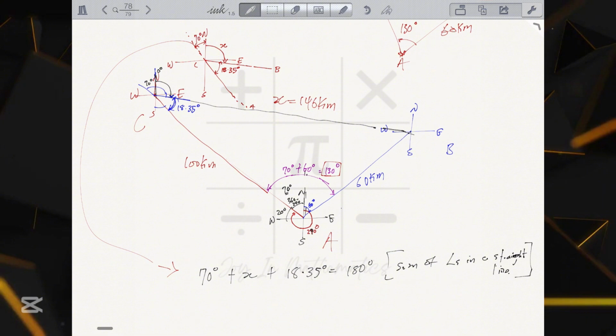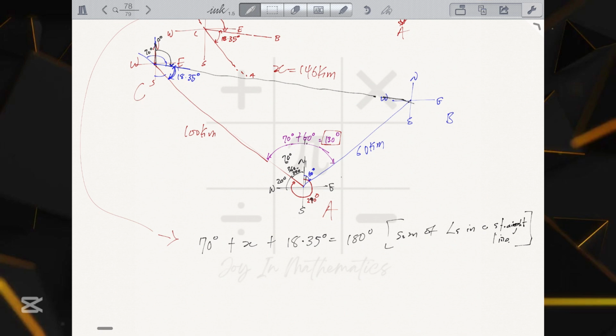So moving further, we can now evaluate X. X is equal to 180 degrees minus 70 degrees minus 18.35 degrees. And if we use our calculator, we have that the bearing X is equal to 91.65 degrees.